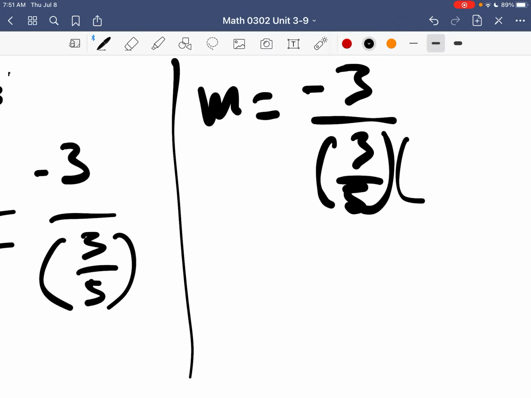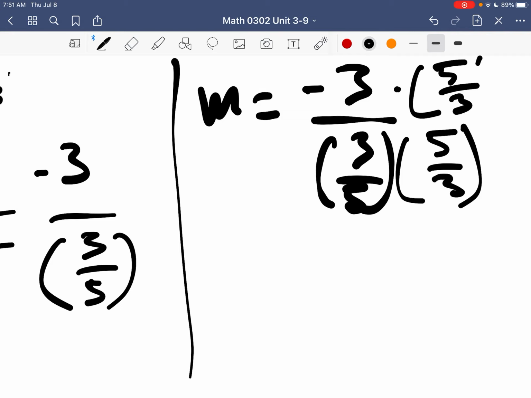Well, if you remember from a previous unit, the way that we simplify a fraction such as minus 3 over 3/5 is to multiply numerator and denominator by the reciprocal of 3/5, and the reciprocal of 3/5 here is 5/3.